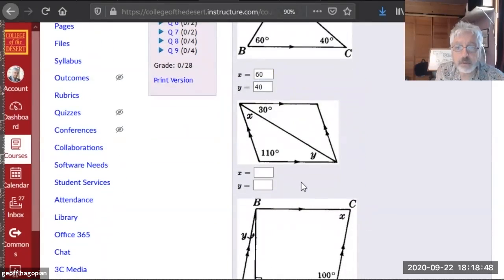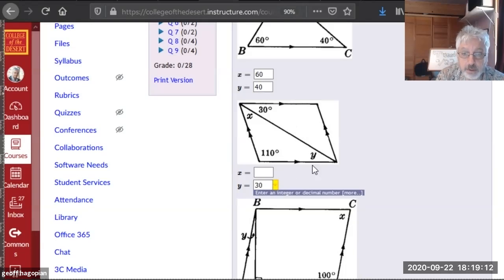That one was relatively easy. This one, what do we know? We know that this is a parallelogram because the little arrows, opposite sides are congruent. And so 30 is equal to Y. So Y equals 30.